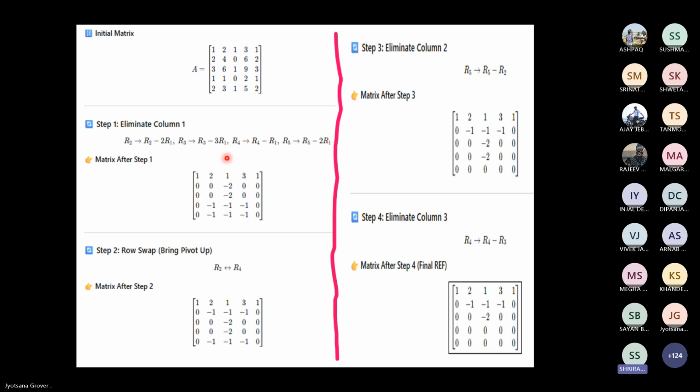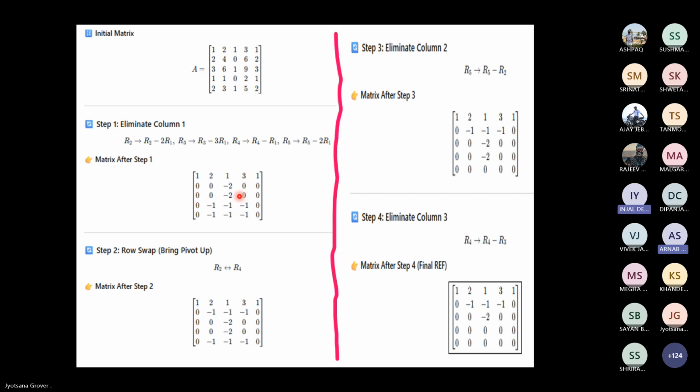I think he's asking about the sub steps, right? In one step, we are doing all these operations, right? In the first step, we have changed the 2 to 0, right? My question was, can we do R5 minus R2? But R2 has already changed, so how can we use that R2?